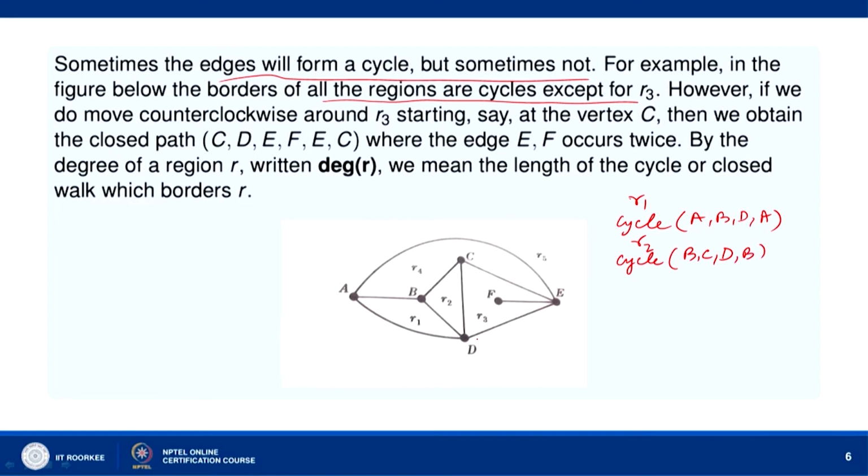And then we have R3. In the case of R3, although it is a closed path, it is not a cycle, because we follow CD, then DE, then EF, then FE. That we cannot do in the case of a cycle. So the border of R3 is not a cycle.